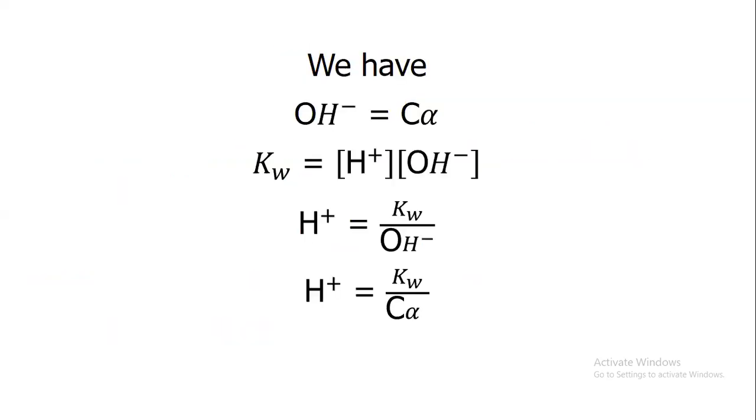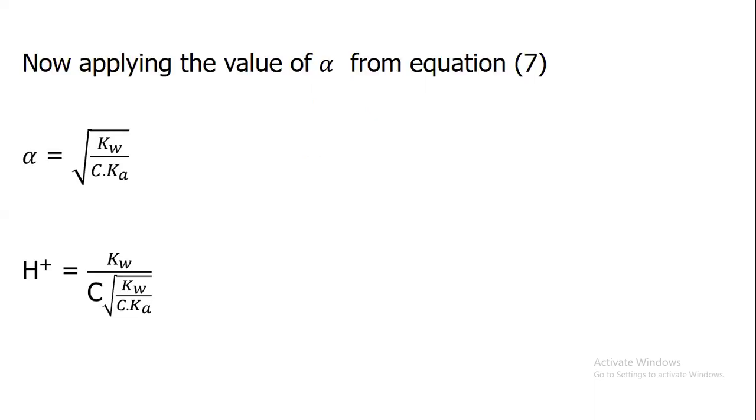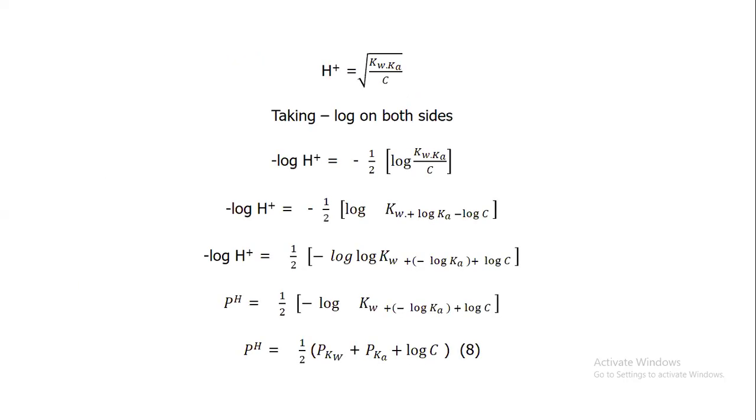We have hydroxide C alpha, so Kw equals [H plus][OH minus], so [H plus] equals Kw over C alpha. Now applying the value of alpha from equation 7, alpha equals root under Kw over C Ka, so [H plus] equals Kw over C root under Kw over C Ka, so [H plus] equals root under Kw Ka over C.